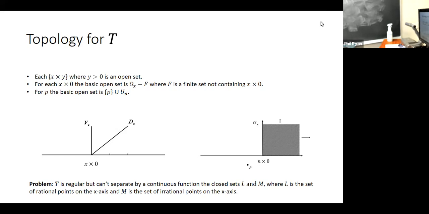Okay, and, well, I didn't do that correctly. So it turns out this is a regular space, but you have problems. You can't separate by a continuous function a point on here, a rational point on here, from the set of irrational points.